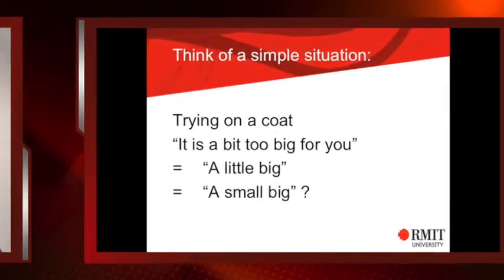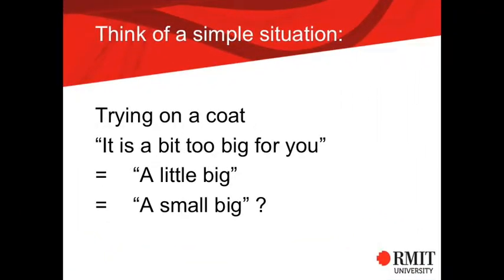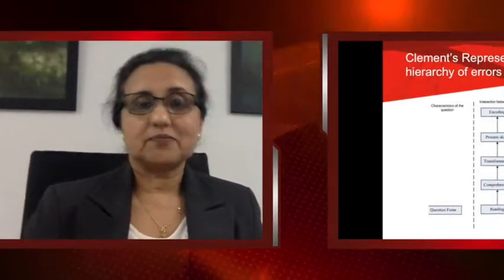That's perfectly fine, it may still make sense. But if they translate it as small, big, it probably loses the whole meaning. And they're thinking, a small, big? Does that make sense? What is the person saying? Is he saying small or big? So students interpret the question on the basis of their first language as well as the cultural contexts they bring along with them. So it's often not clear to them what we are trying to say.